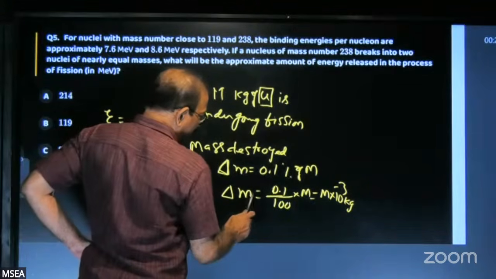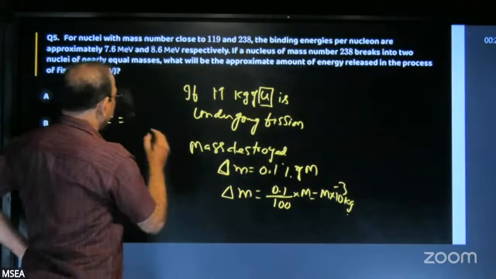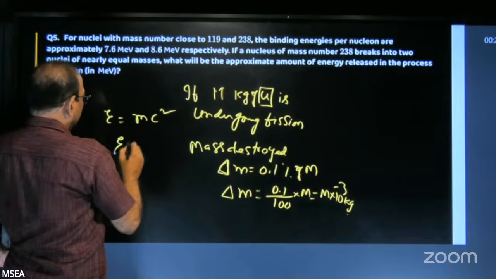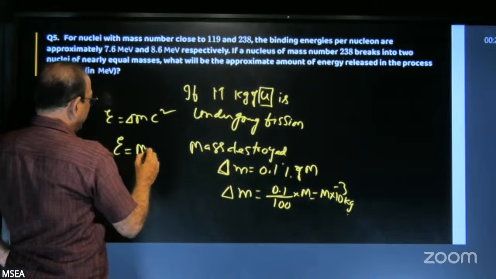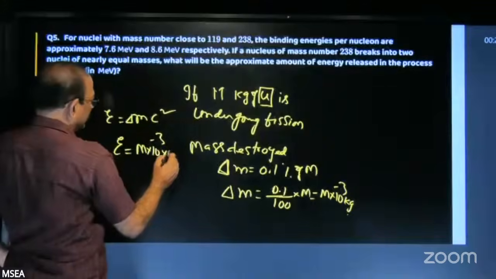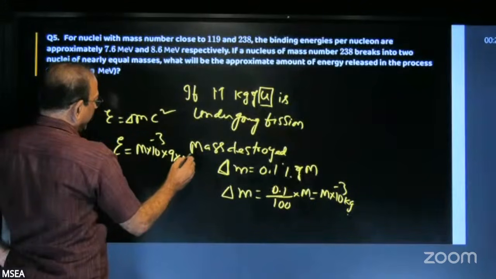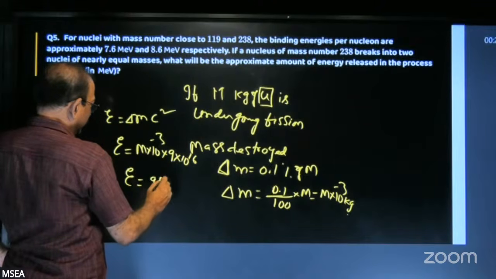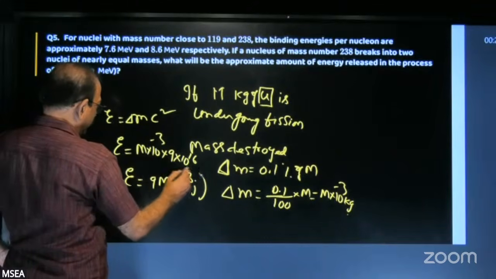Here I got the mass destroyed in kg. Then for the energy released, I have to apply Einstein's mass-energy equivalence. Delta m, m into 10 power minus 3, c square, velocity of light 3 into 10 power 8 squared, 9 into 10 power 16 you will get. Then energy released is 9m into 10 power 13 joule.